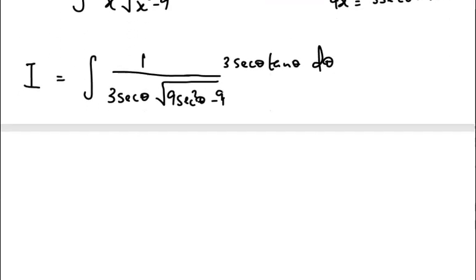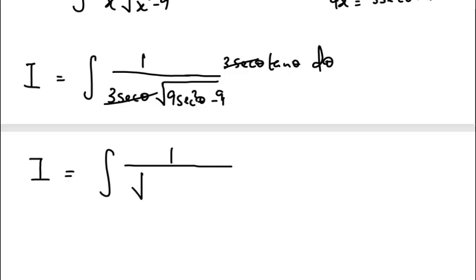Okay, so from here I think we have some nice cancellations going on. This and this, right? So here our I is going to be equal to the integral of 1 all over, so inside this radical, we can factor out 9 because it is common, right?